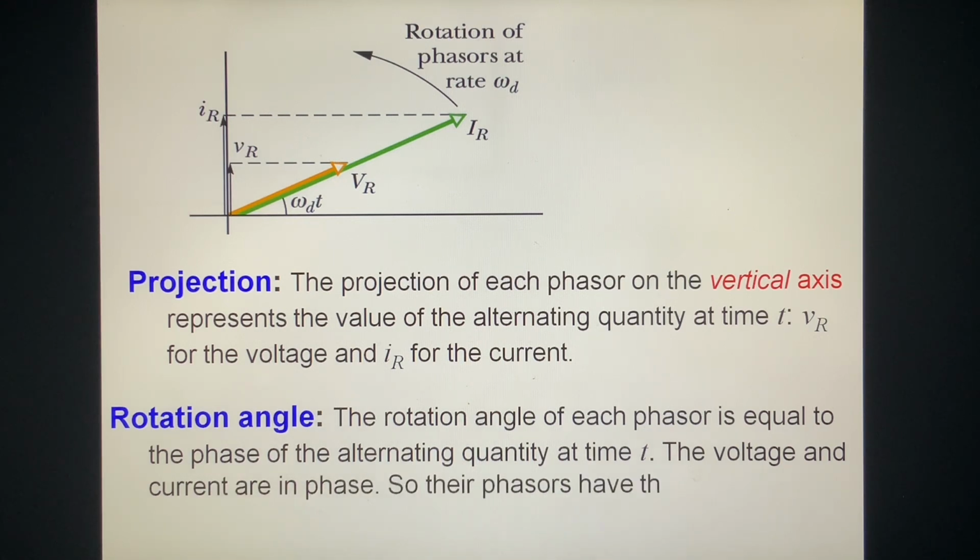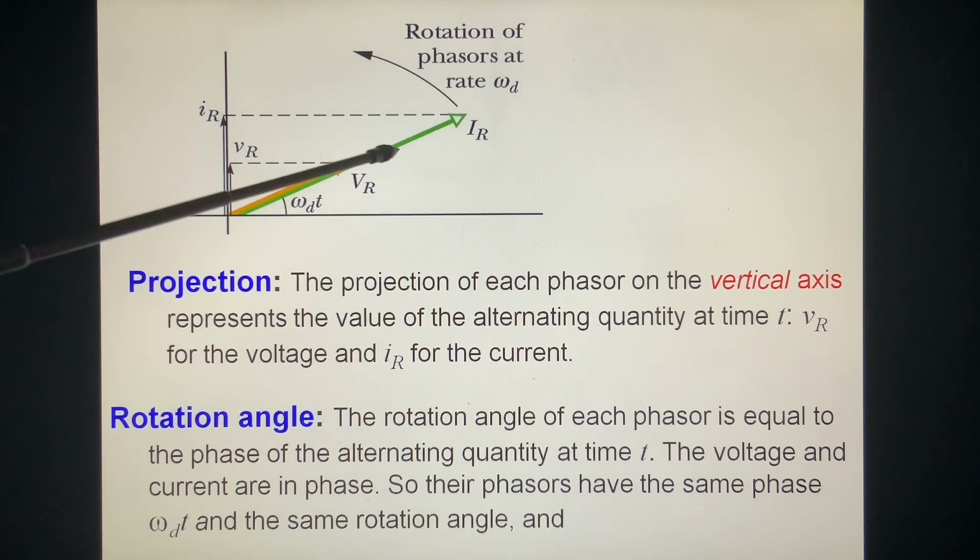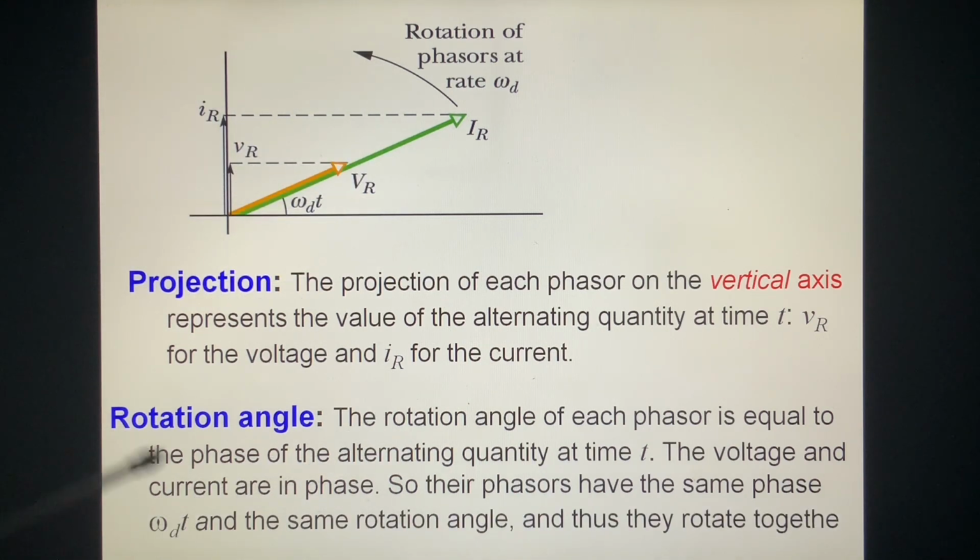The voltage and current are in phase for a resistor, so their phasors have the same phase omega d t and the same rotation angle, and thus they rotate together.